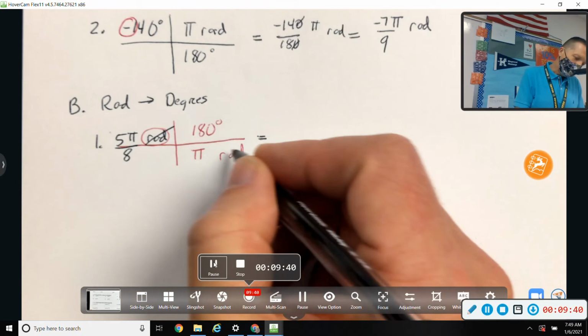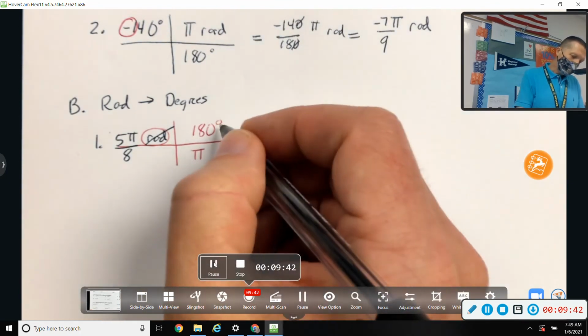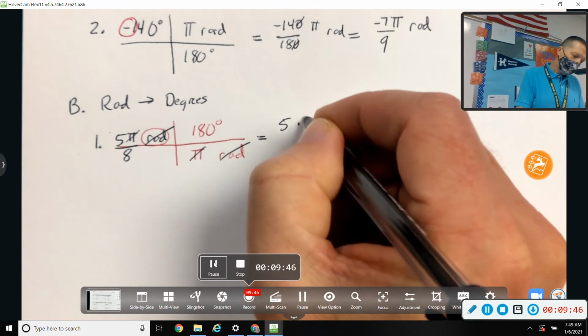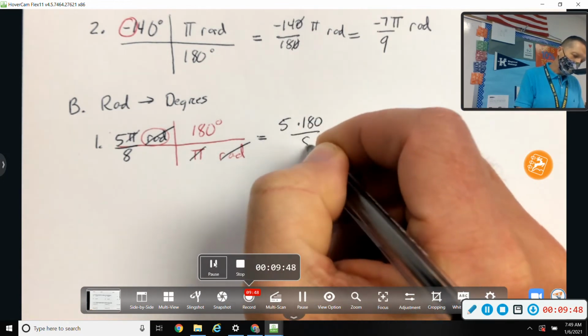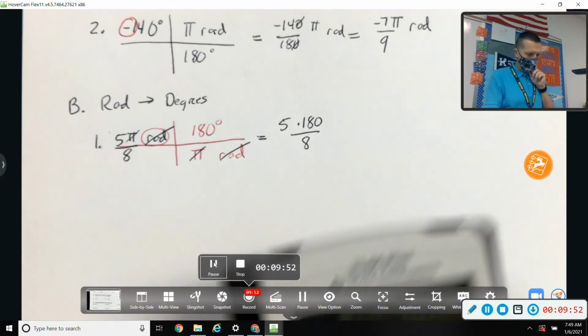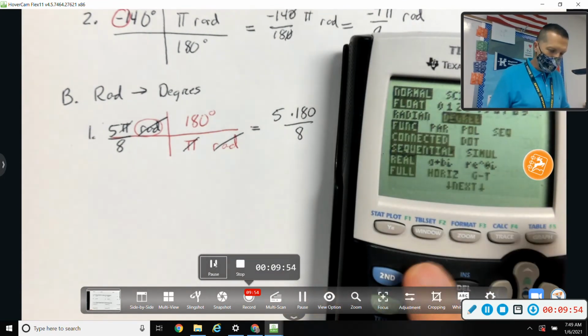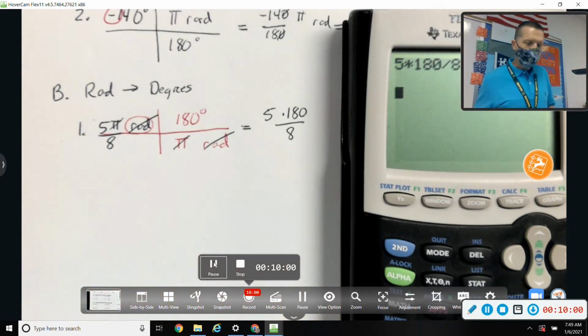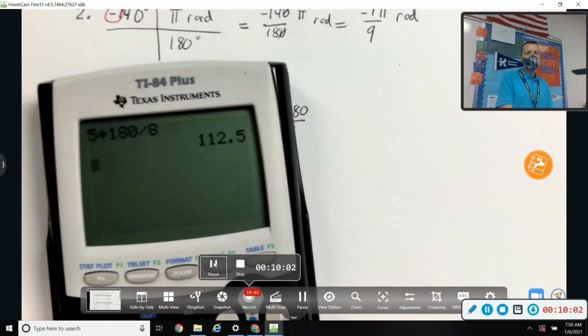All right, the radians cancel, so we know we'll be in degrees. The pi's cancel. And now I've got 5 times 180 over 8. Well, you've got a calculator, so you don't have to worry about messing this up. And we like our answers as fractions for these.